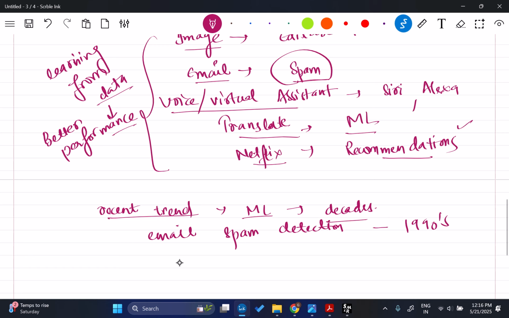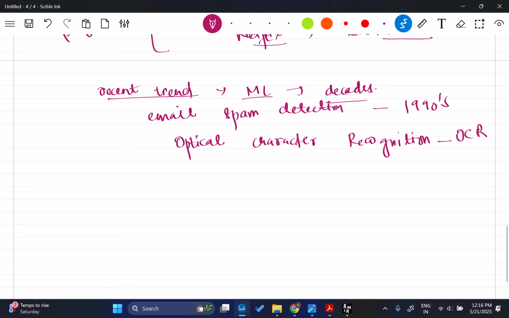Another example I can mention is optical character recognition, OCR. These examples made us think that we can use this more to its extent. And nowadays, ML powers hundreds of features, often quietly in the background. You don't even know that it is using ML in the background.